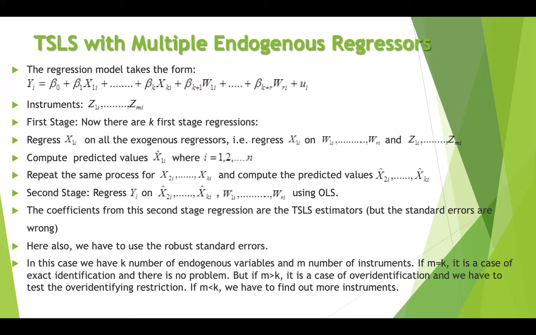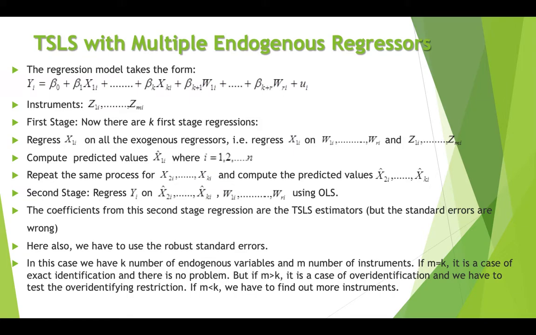So, we have k first stage regression equations, and we find all the estimated values of these k endogenous variables, and we put them in the second stage regression, that is we regress yi on x1 hat i, x2 hat i, up to xk hat i, and then w1i to wri using OLS, and we find the coefficients.